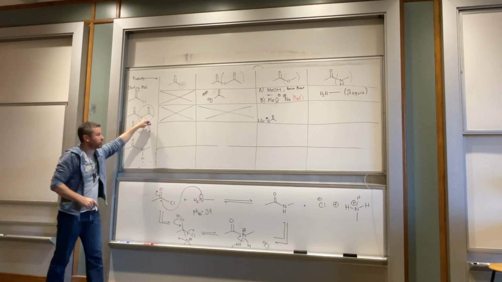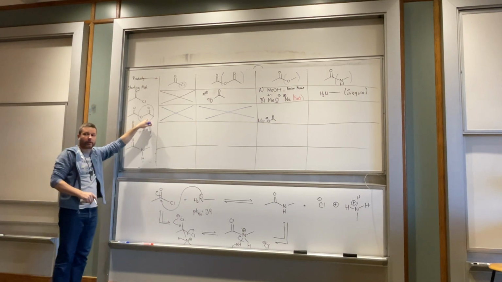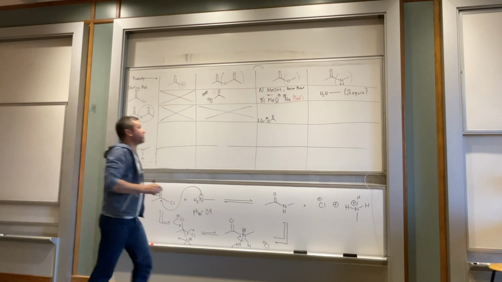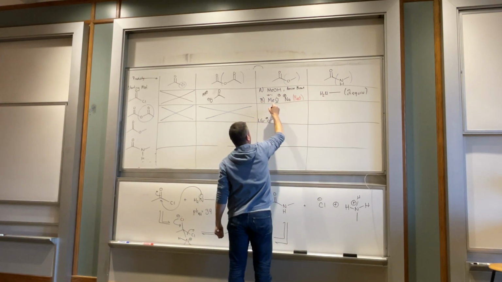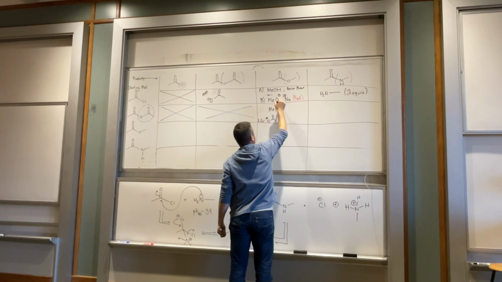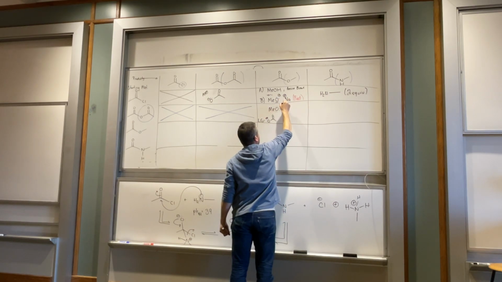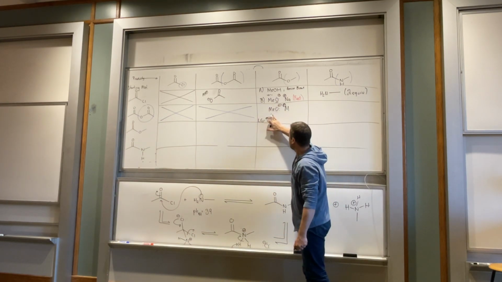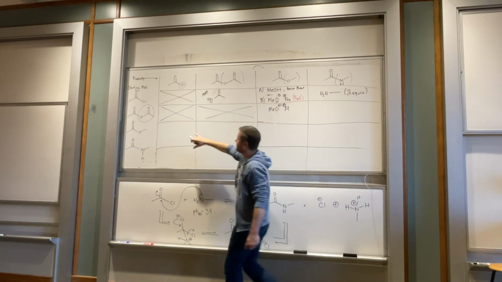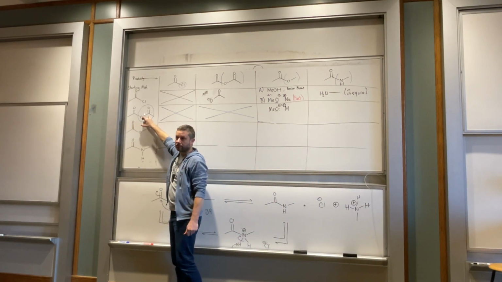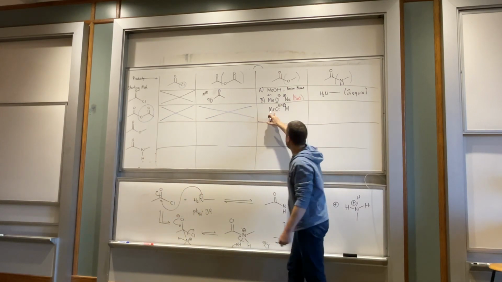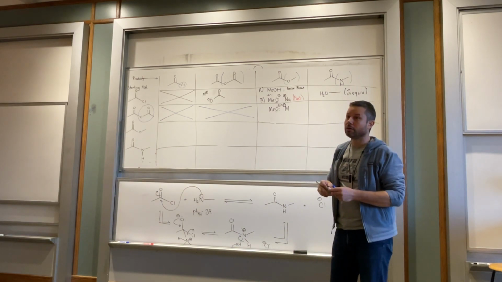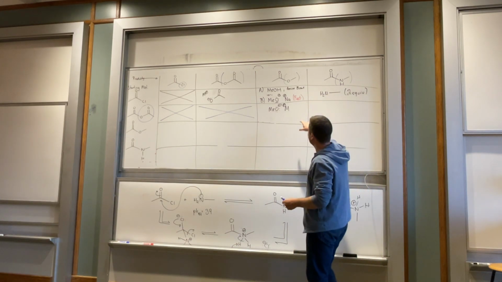So carboxylate anion. Yep. Good. Methanol, or even better, methoxide, metal cation. Right, so we have a slightly less reactive electrophile. So we need to add a more reactive nucleophile.